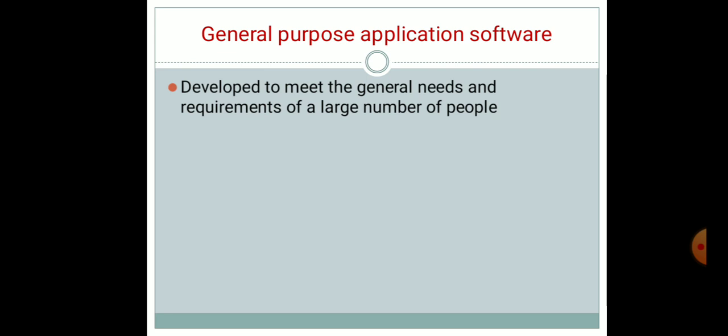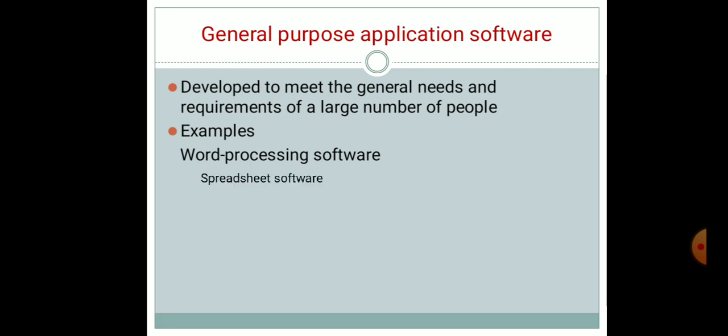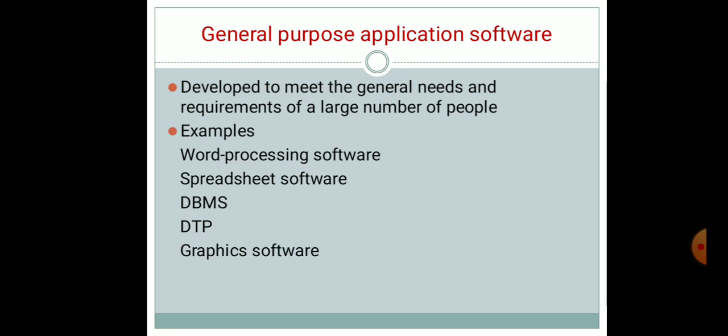For example, there are some softwares: word processing software also comes under general purpose application software. Word processing software, spreadsheet software, DBMS, that is database management system, DTP, desktop publishing, graphics software, multimedia software and presentation software.